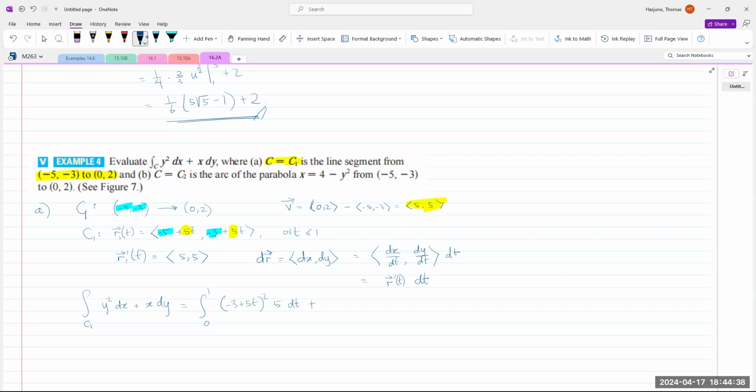What is my x? My x is -5 plus 5t, times dy. Now our dy is the y component of r prime(t) multiplied by dt.